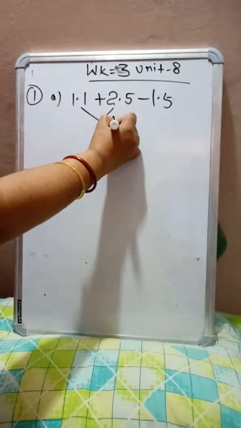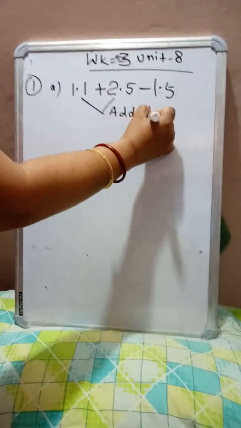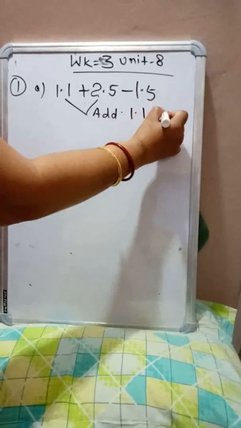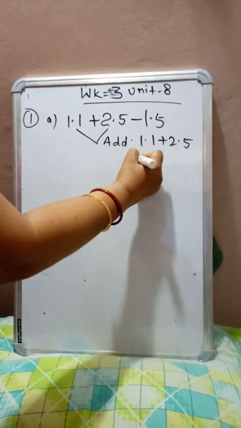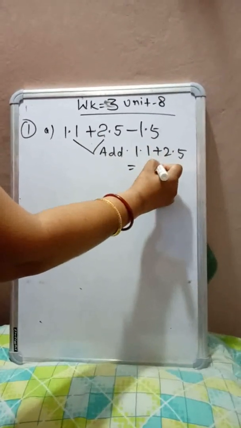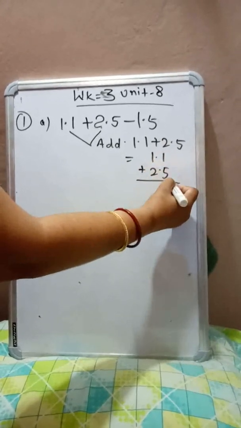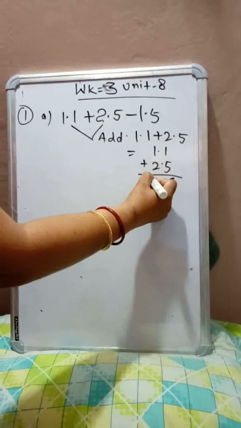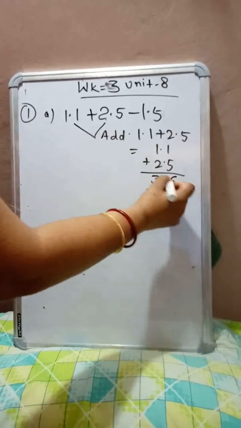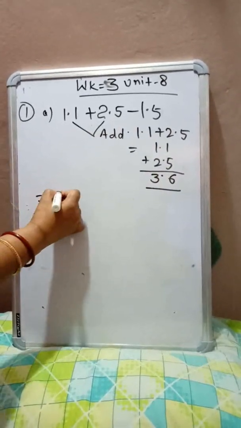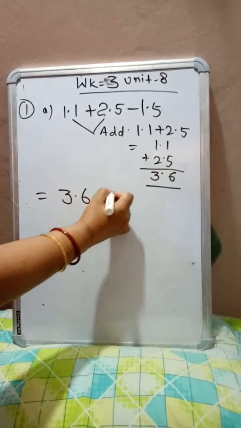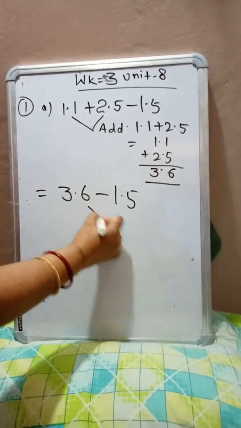Right? So we add 1.1 plus 2.5. Write in column and then do addition. 1 plus 5, 6, decimal, 2 plus 1, 3. So it is 3.6. So here you have to write 3.6 minus 1.5. Now we will do the subtraction.